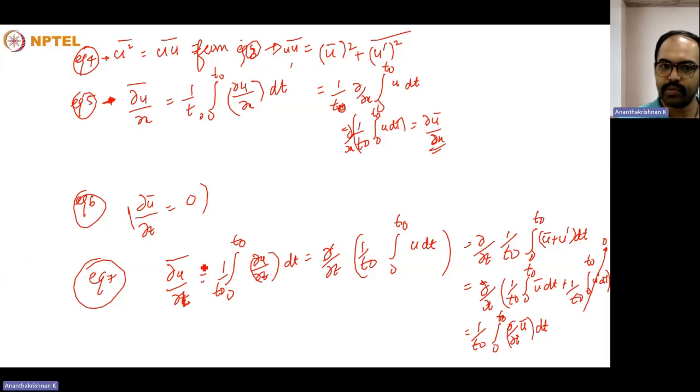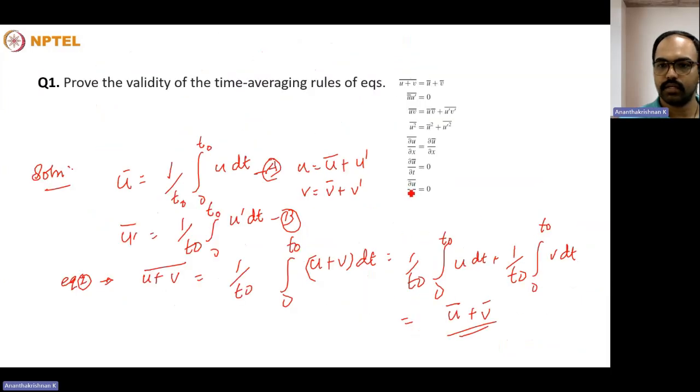In the previous case, what we have seen is that ∂ū/∂t is equal to 0. So this term will become equal to 0, and the total term will be equal to 0. So that completes the last identity as well.